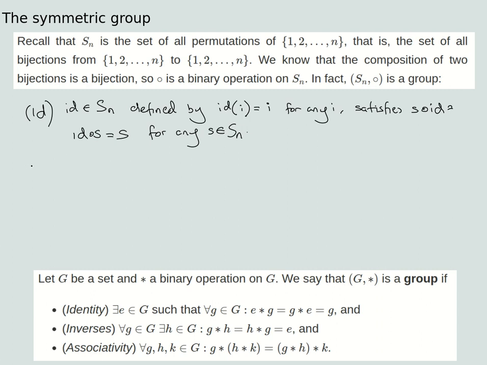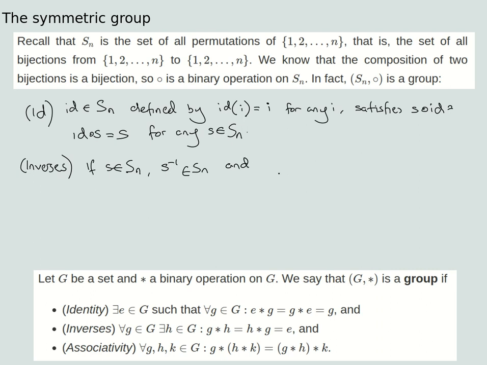Okay, inverses. We need to check the inverses axiom. So again, when we studied functions and permutations, we saw that if you've got a bijection, then its inverse is also a bijection. So if S is in S_n, then its functional inverse is also in S_n.